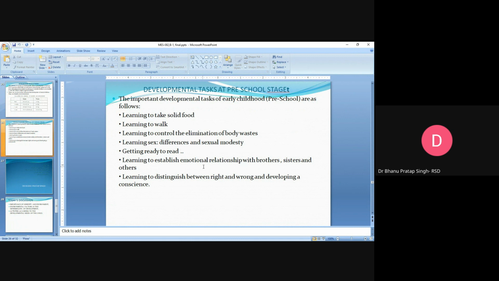So these are the developmental tasks that should be there in every child at the preschool stage.